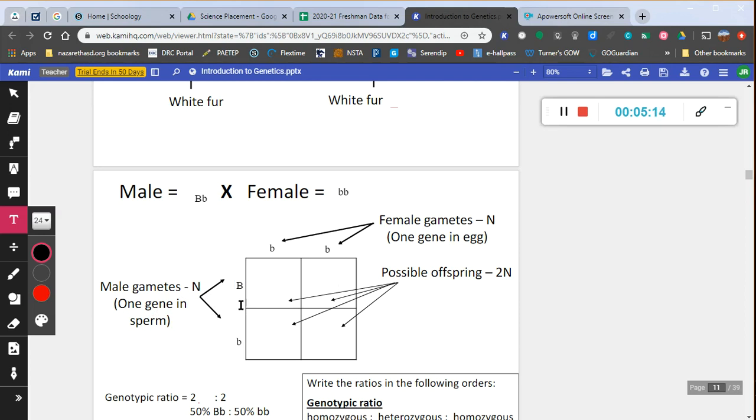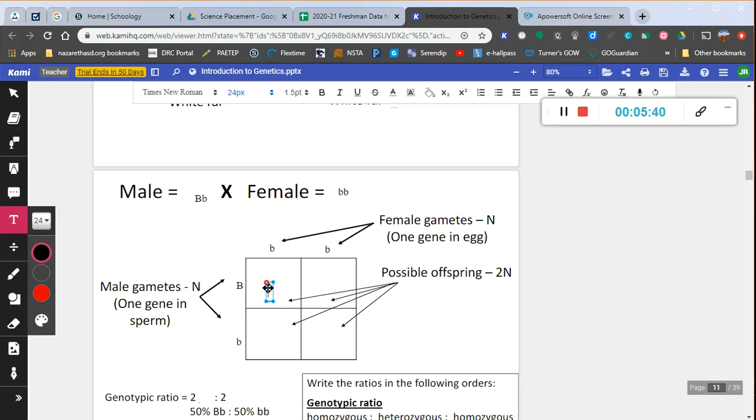That I didn't write a capital B here and then his lowercase b up here. I need to keep them on the same side as each other. So inside my boxes are all of the possible zygote combinations if this allele and this allele get together at fertilization.